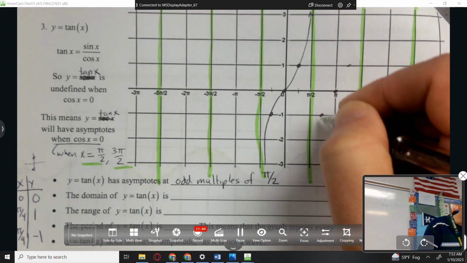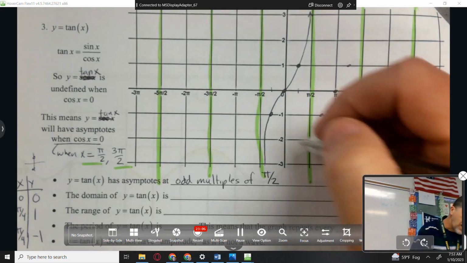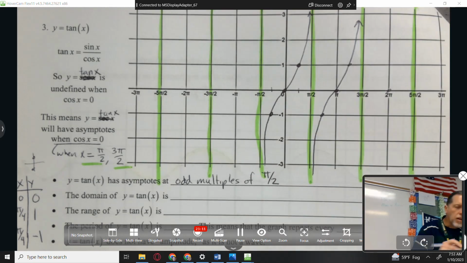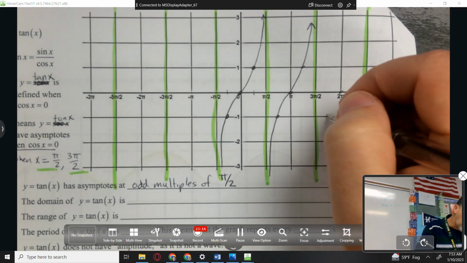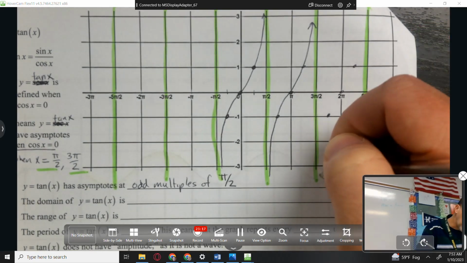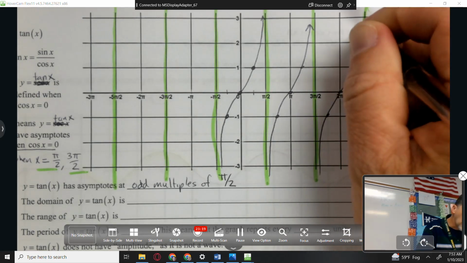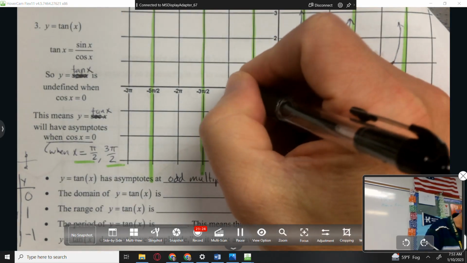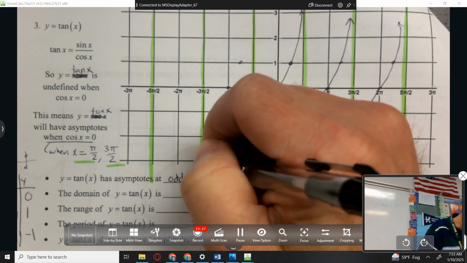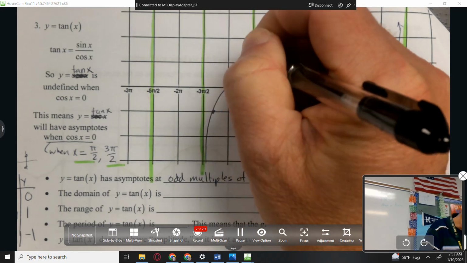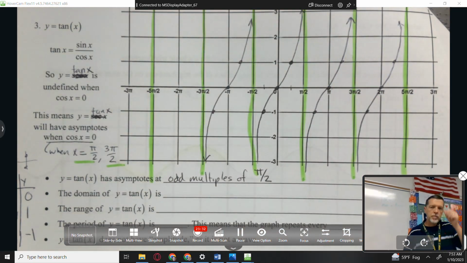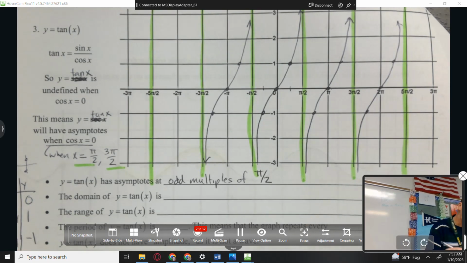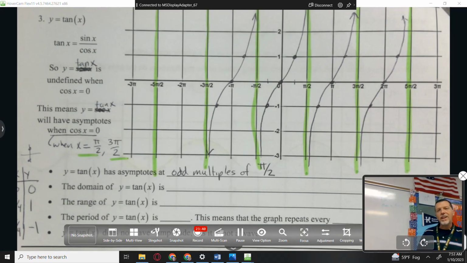You can put negative 1, 0, 1 on there, and then sketch in the curve, and then just keep doing the same thing again and again. I've got four down there. I don't need to keep going.